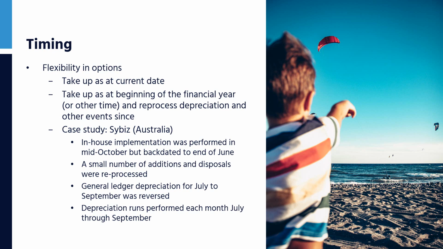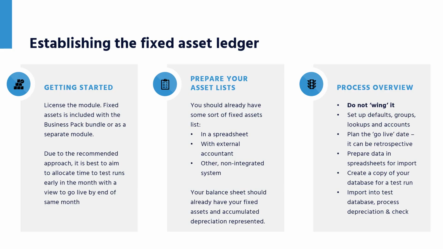And we actually did have a minor discrepancy between the previous manual calculations that we were doing and the system generated calculations, and through that process we found out that the system was doing the right thing and our manual calculations were flawed. So that was a good exercise to go through by backdating and reprocessing partway through that financial year. So there's different options there.